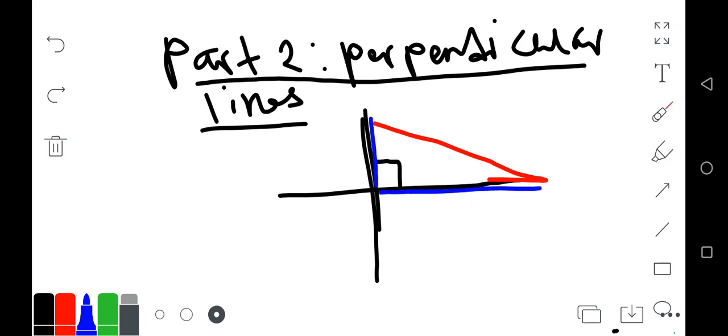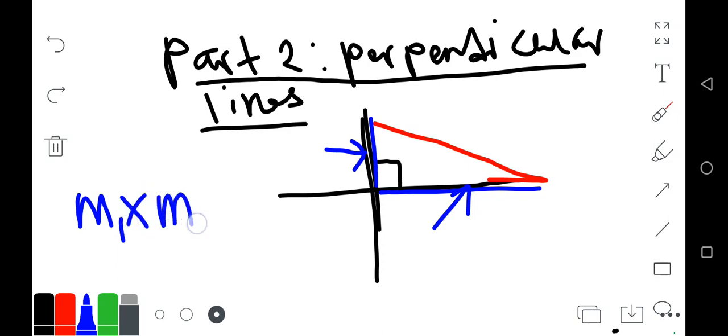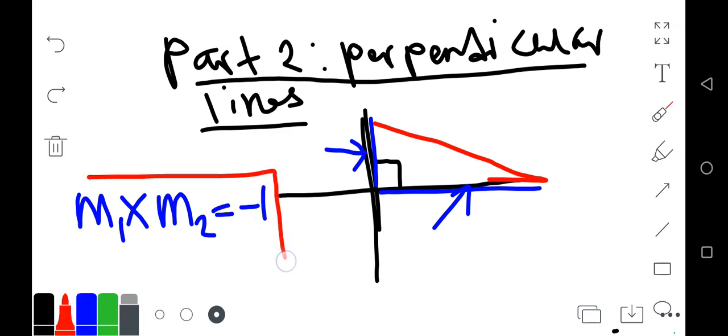Meaning the equation of this line and the equation of this line, when you multiply their gradients, gradient 1 multiplied by the gradient of the other line, they always give you -1. So this is very fundamental to understanding lines that are perpendicular to each other.